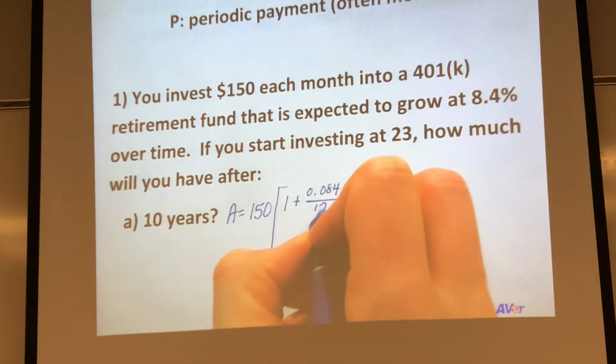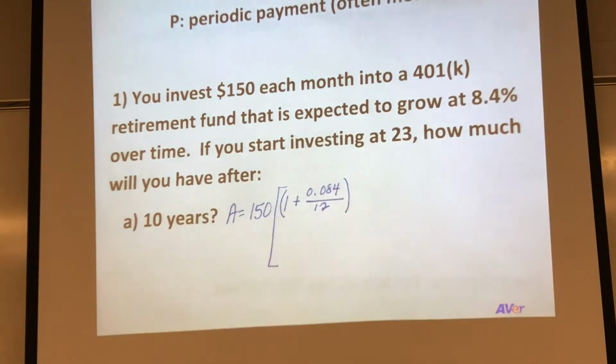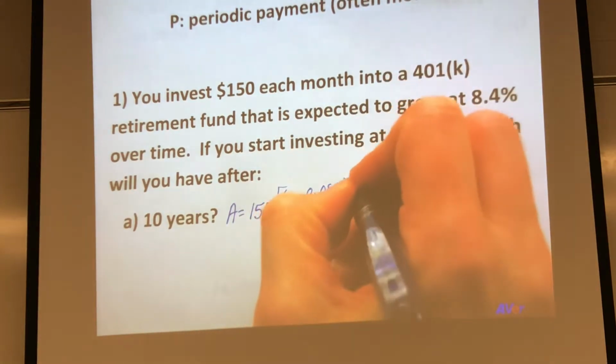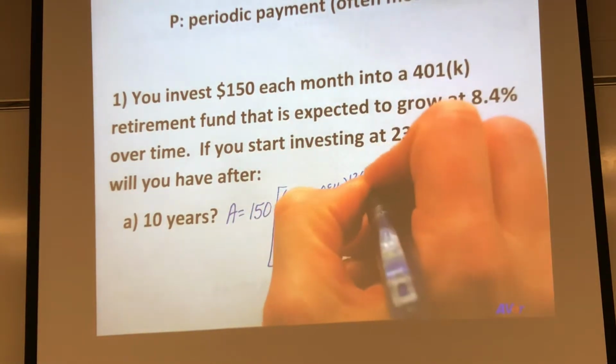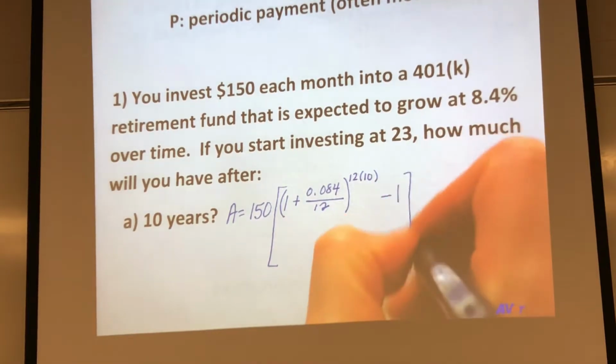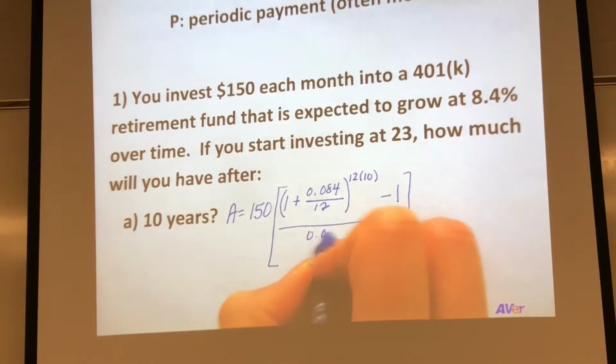We're putting it in monthly, so that would be 12 months in a year. And this 12 out here is the same, times 10 years. We have a minus 1 out to the side. And then we're going to divide all of that by 0.084 over 12.